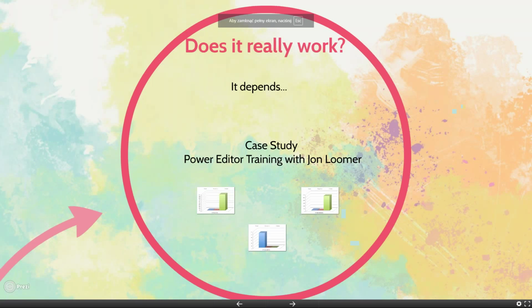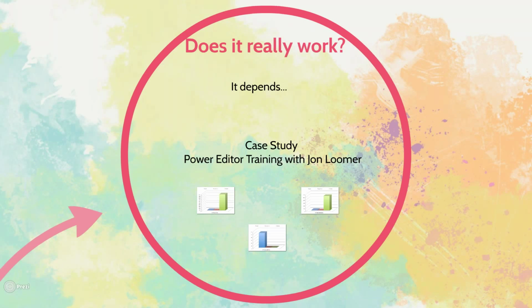Okay. So what about the results? Of course, I can't guarantee that you will succeed because it's too much. But I can tell you that if you narrow your communication with students, like I showed you, I think that you have a very good chance to succeed.